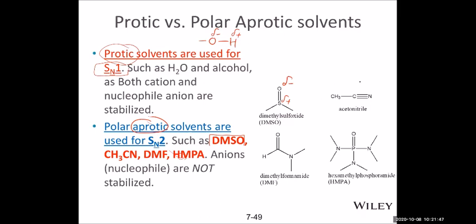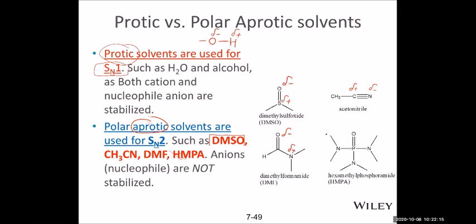Acetonitrile has a cyano group, and it's a very polar solvent. DMF, dimethylformamide, has an amide group and an amine, and it's a very polar solvent.